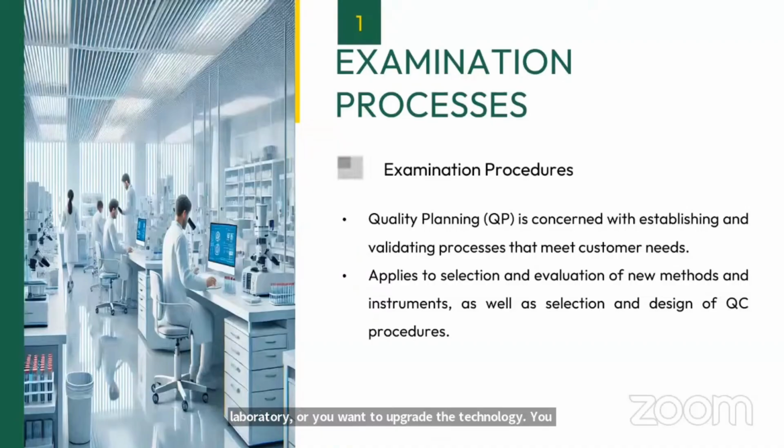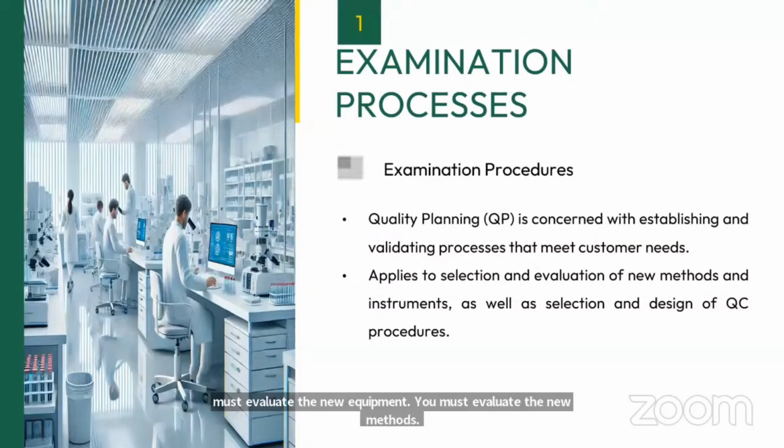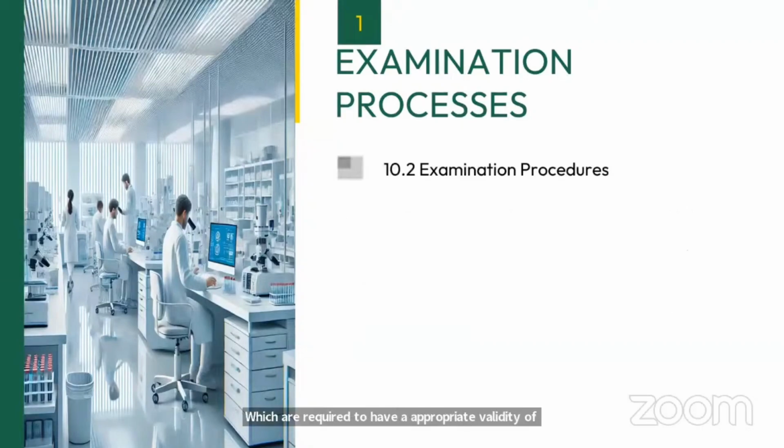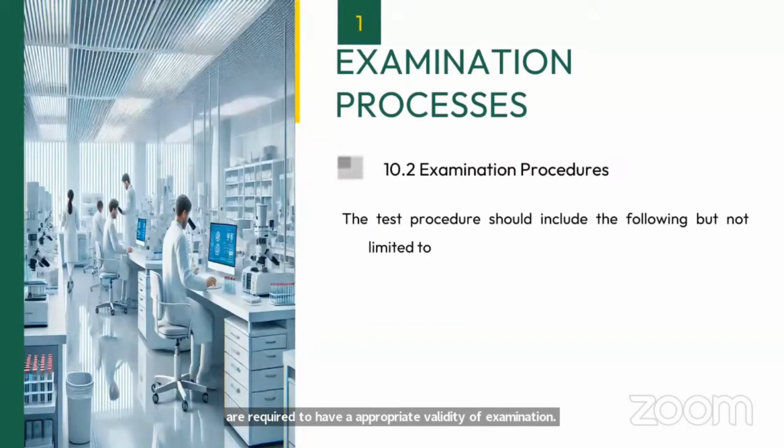You must evaluate the new equipment, you must evaluate the new methods, and you must select and design appropriate QC procedures, which are required to have appropriate validity of examination results. Now coming to the examination procedure part, the test procedure should include the following but not be limited to.